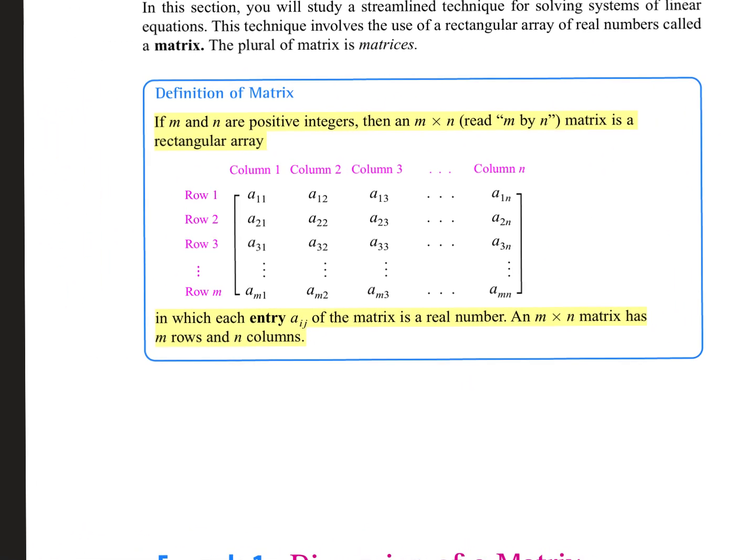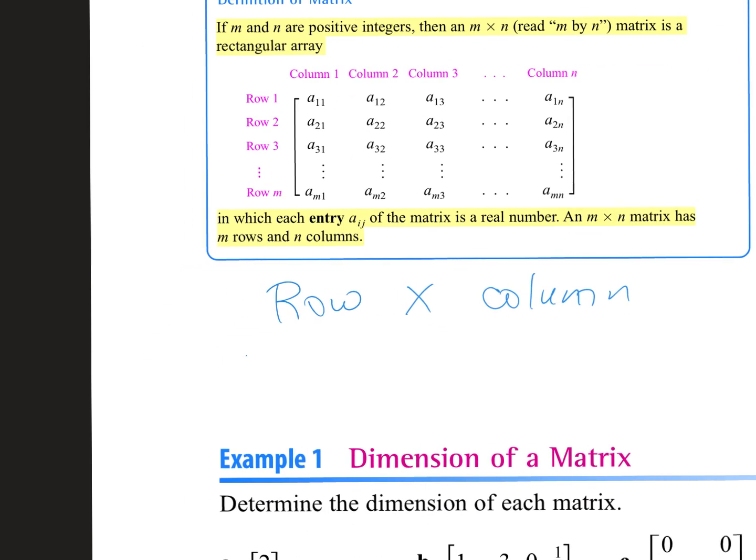You read a matrix row by column. It's left and right by up and down. If you get that confused, you're going to get all of these wrong. So remember, we look left and right, then we look up and down.